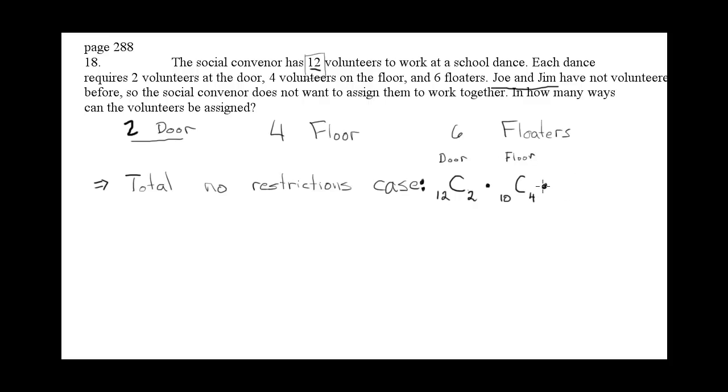And now how many people do you have left to put as floaters? Well, we've assigned 2, we've assigned 4, so we only have 6 more. And we're choosing 6 of them. So this total no restrictions case is 12 choose 2, 66, times 10 choose 4, 210, times 6 choose 6, that would just be 1.